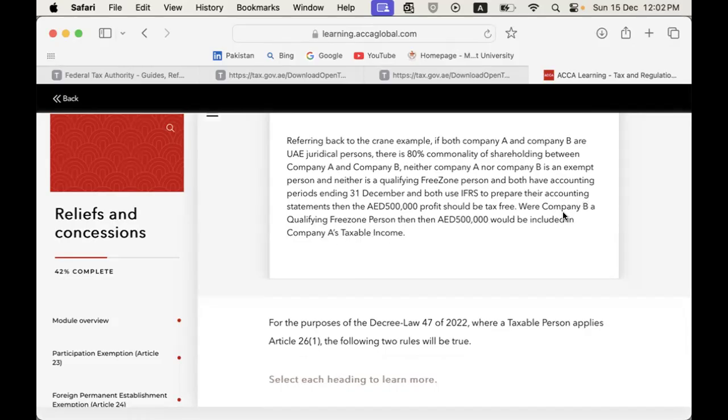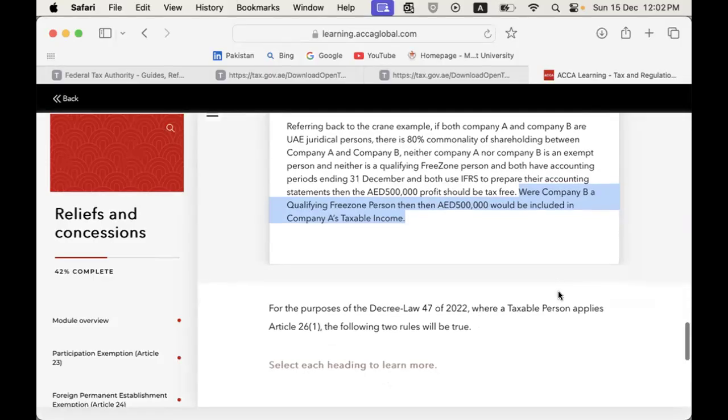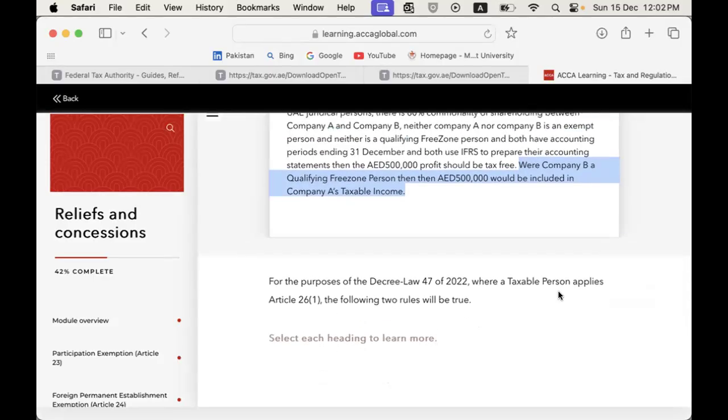Did you guys understand this last sentence? Yes. So if the other company was an exempt person or a qualifying free zone person, then the additional 500,000 dirhams would be taxed in the books of company A, the seller.